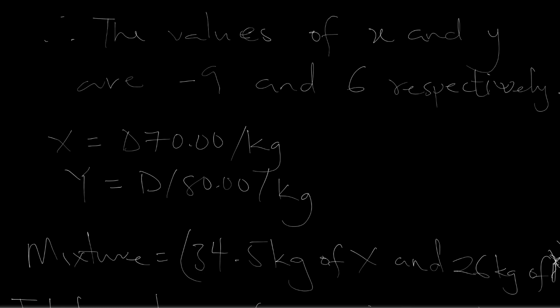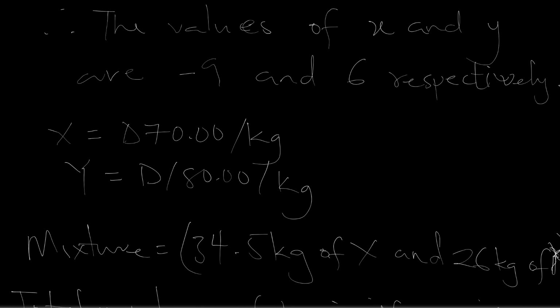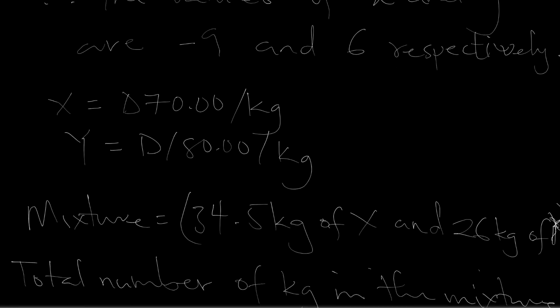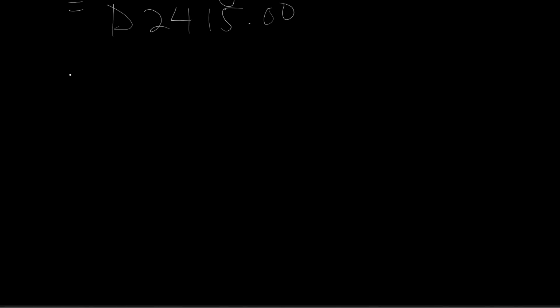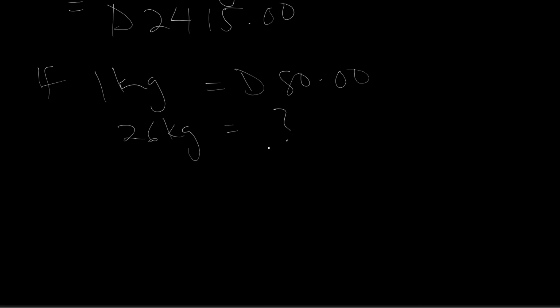Now we know that the mixture also has 26 kilogram of Y, and 1 kilogram of Y is 80. So if 1 kilogram is equal to D80.00, 26 kilogram will be equal to what?